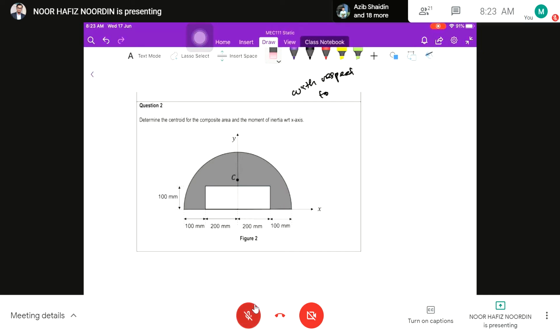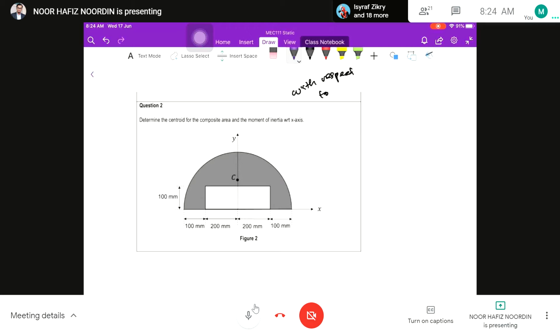Right. So in this case, how many components we have? Berapa komponen? 4. 4 set. Okay, it is actually depends on you lah. This is up to you.